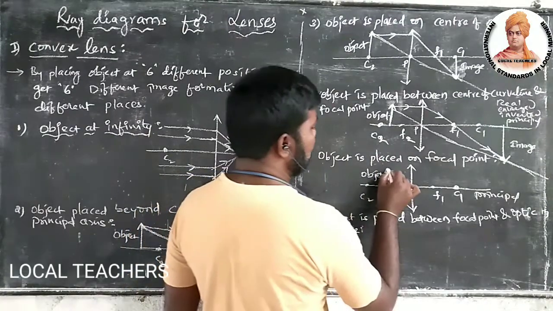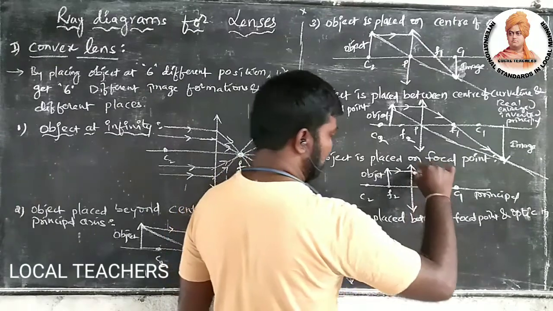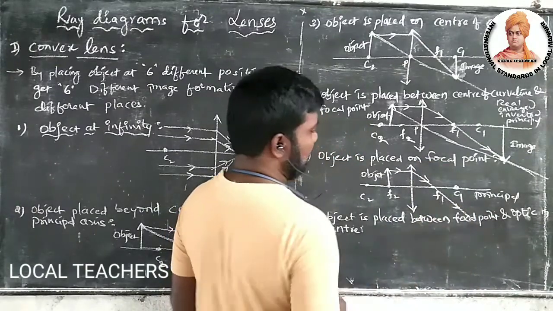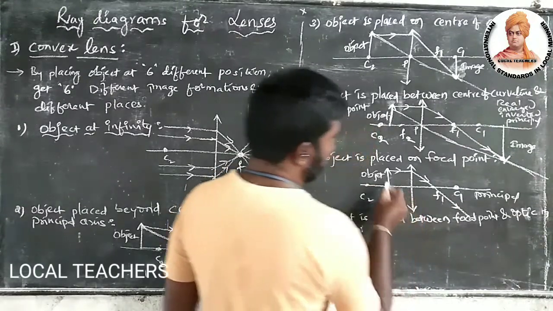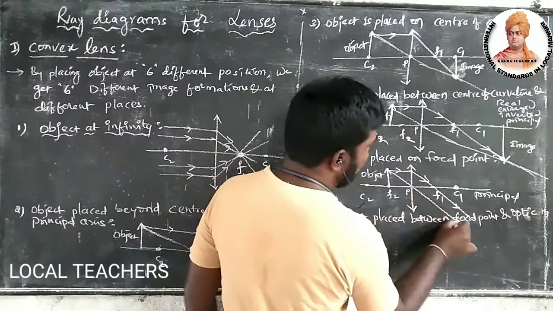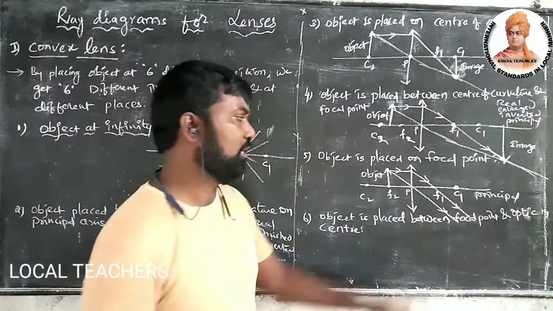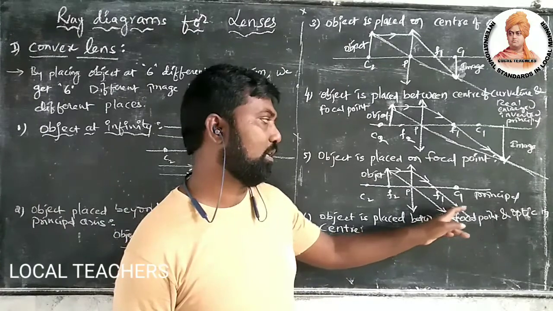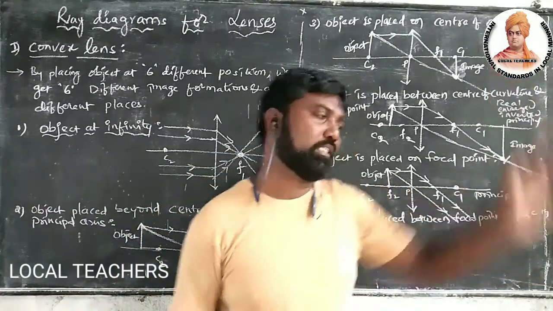Similarly here, consider the parallel ray, which after refraction passes through the focal point. Next, consider the ray passing through the optic center. Here these two rays are parallel, so they will not meet. They go on like this only.